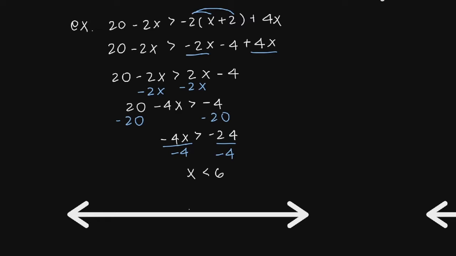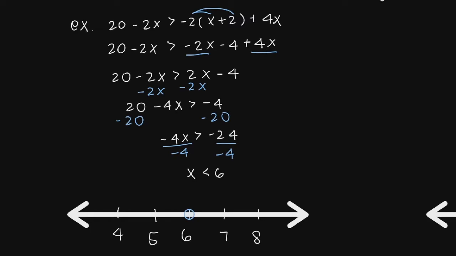So on our number line, we can place 6 anywhere, but I'm just going to place it in the middle. And since x is less than 6, it's an open circle since it's not equal to. Hold on, I'm going to try to draw that better. So open circle at 6.